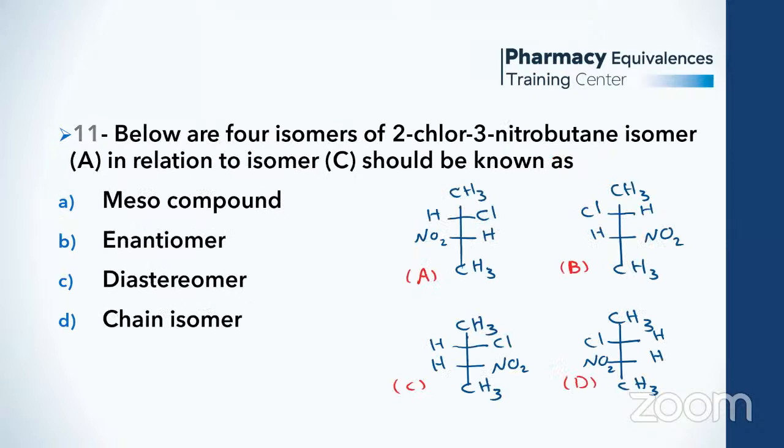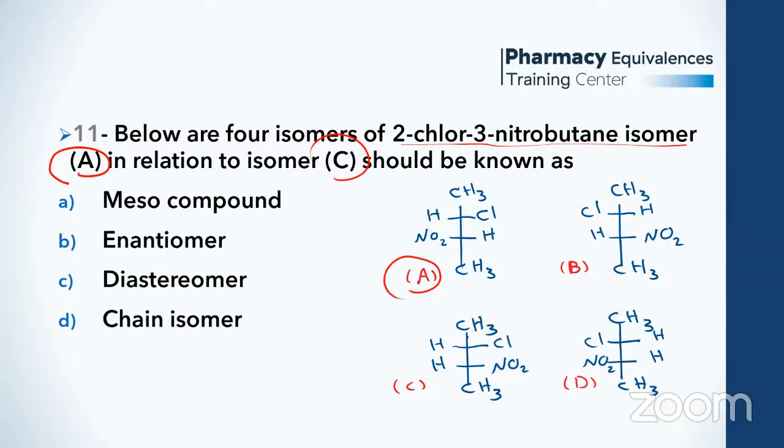Now let's see this question regarding stereoisomerism. Below here, we have 4 isomers of 2-chloro-3-nitrobutane. What is the relation between isomer A and isomer C?